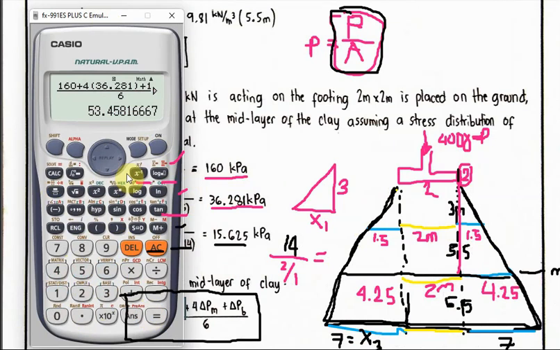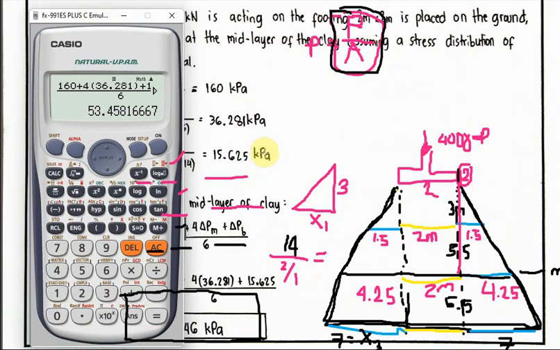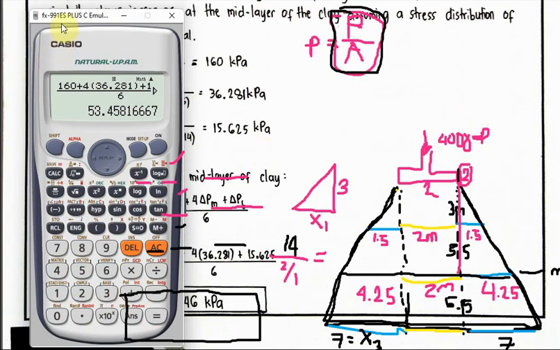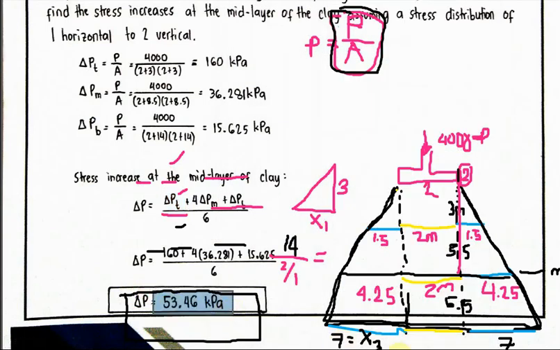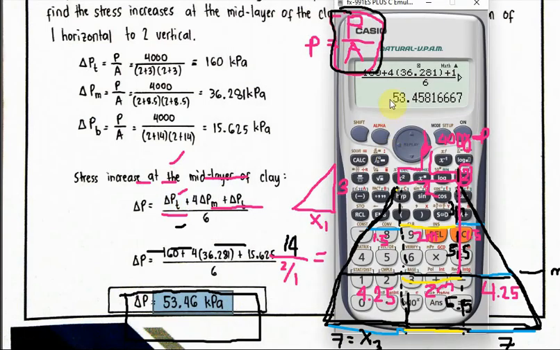The answer is 53.458446, which rounded off is 53.46. So we have 53.46 kilopascal.